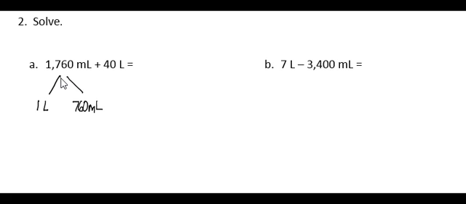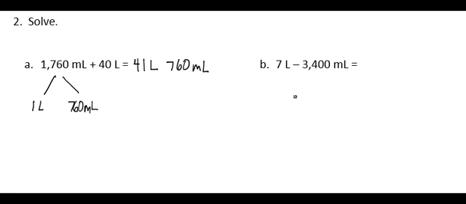Now I can take that 1 liter and add it to the 40 liters for a total of 41 liters, and then I have my extra 760 milliliters. So it's easy to see how we can convert the milliliters into liters and then just add the extra milliliters for our final answer.